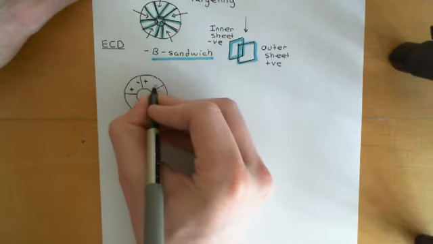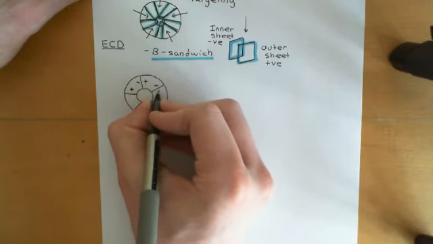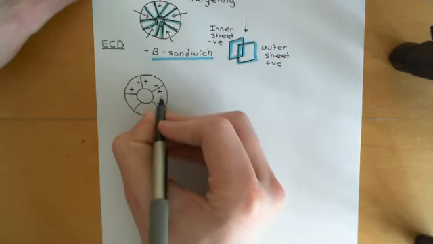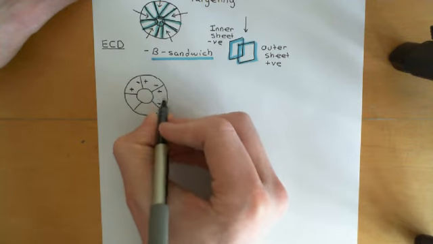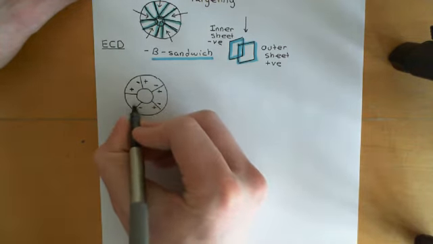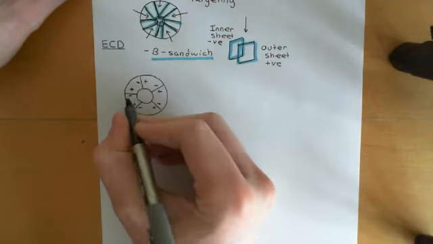Here's a positive side, here's a negative side, here's a positive side, here's a negative side. The negative side will always be clockwise of the positive side.